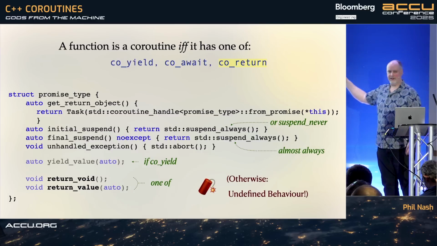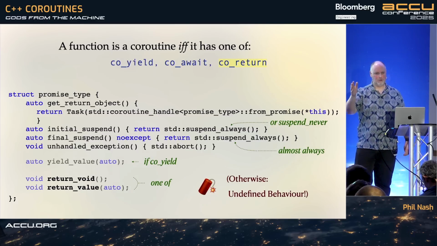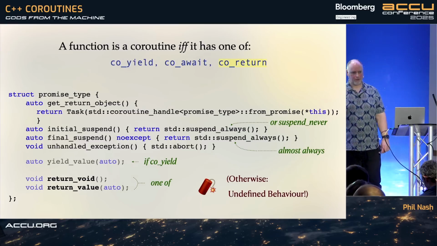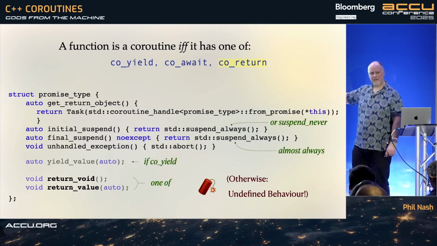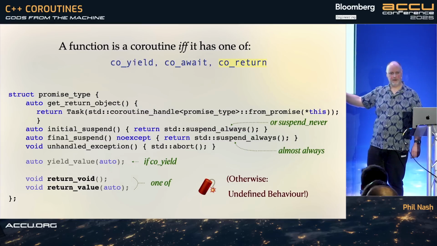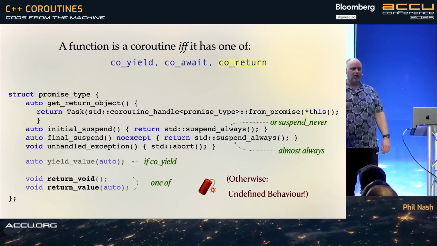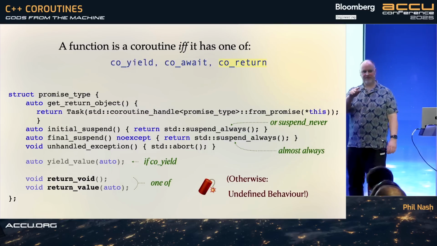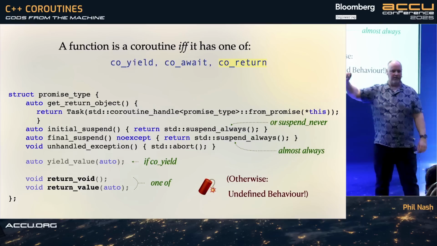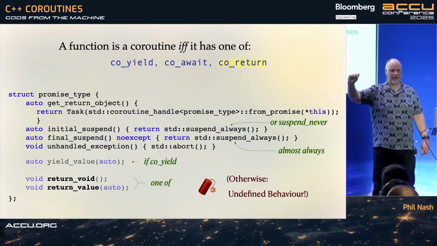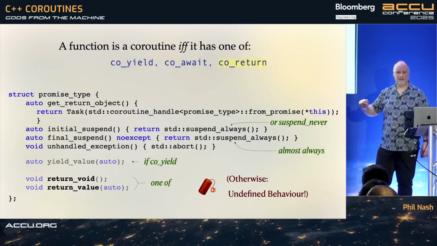But there is a bit of a foot gun here. While the compiler will usually tell us when we haven't implemented one of these required methods, if you don't have a co_return, just like a normal function, you can drop off the end and there's an implicit co_return. But an implicit co_return doesn't require you to implement return void. And if you run off the end of a function and you haven't implemented it, that's undefined behavior.